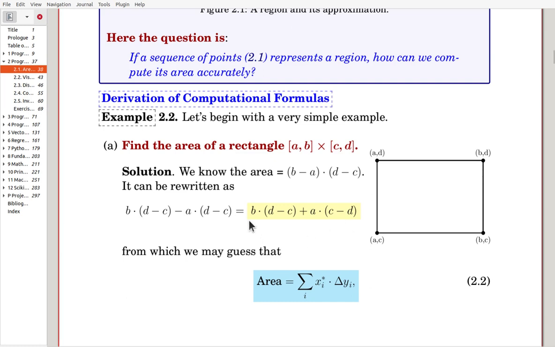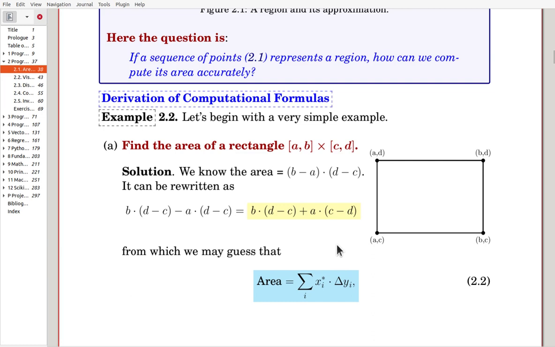From here, b is the x value on that vertical line segment, and d minus c is the change in y along it. And when x is a, going in the turning-around direction, the change in y is c minus d.